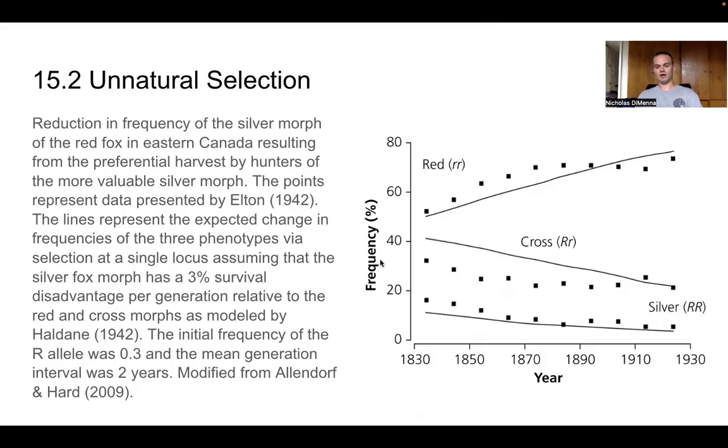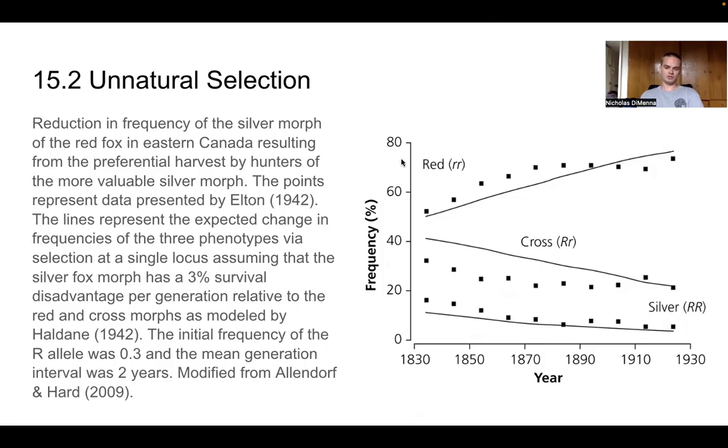That actually caused, over 100 years, a threefold decrease in the genetic proportion of the homozygous silver morph and a 30% increase in the homozygous red morph.